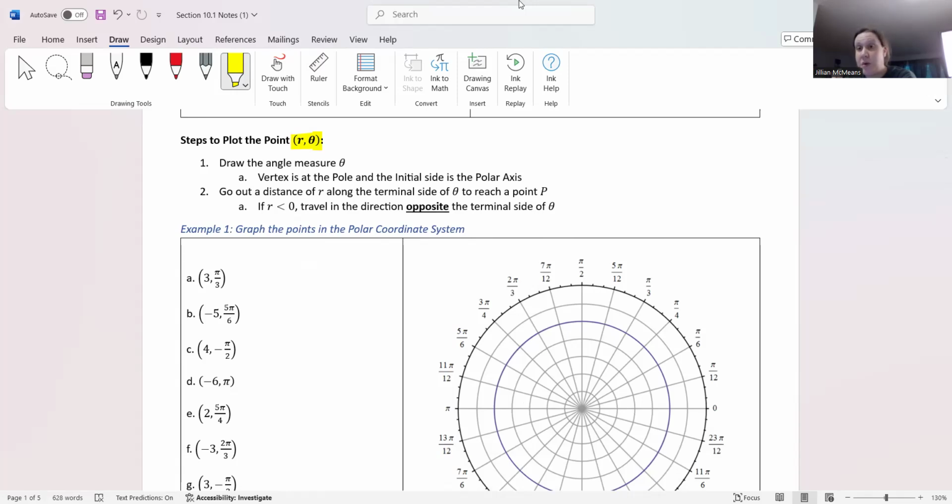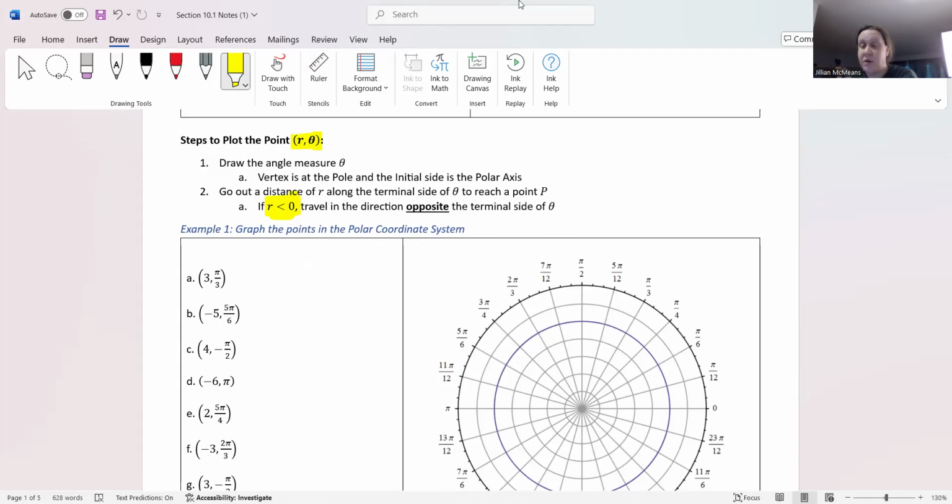And then once you sweep open your angle, you measure a distance along the terminal side of theta to reach whatever point. Now here's the catch. If r is less than 0, so if r is negative, we don't measure a distance from the pole along the terminal side of the angle.